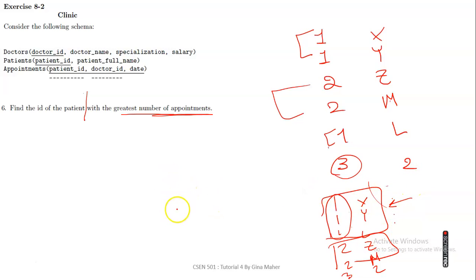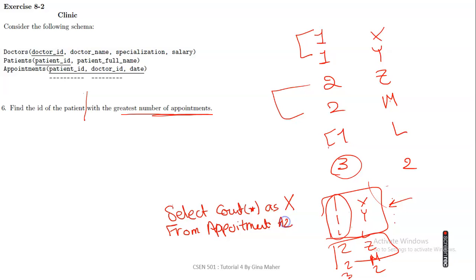So first we are going to select count(X) as X from appointment group by patient ID.